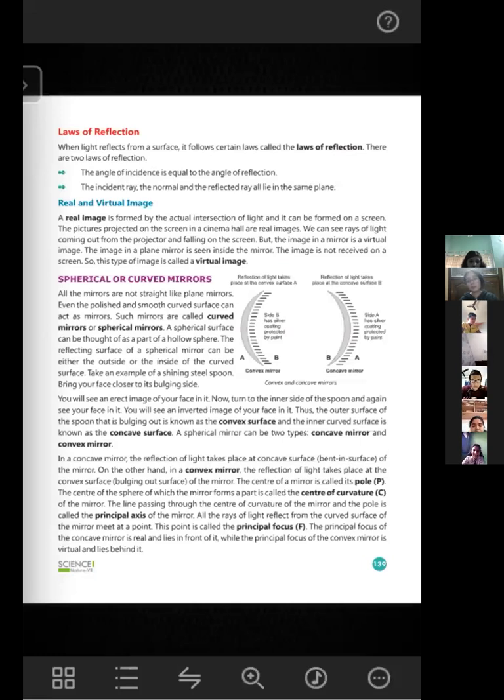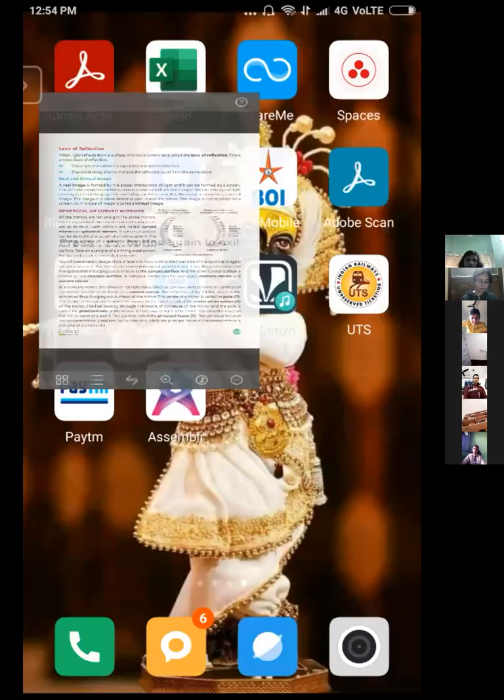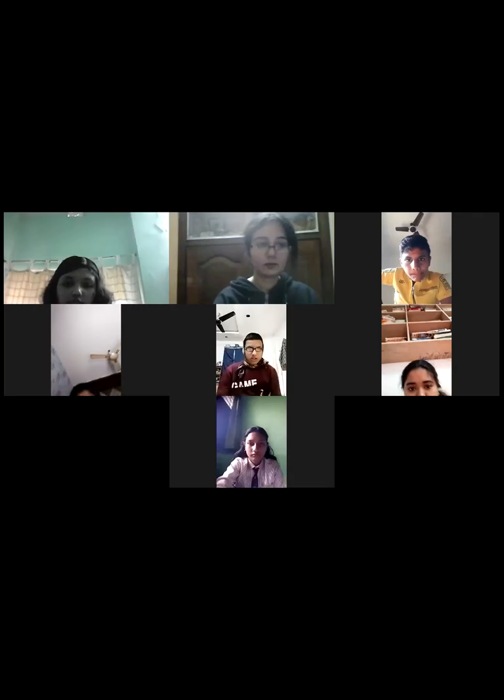The image that is formed in a plane mirror is exactly the same as the object. Object means what you are placing in front of the mirror. This object can be anything, a pen, a pencil, or you yourself if you stand in front of the mirror. Whatever object you place in front of the mirror, the plane mirror will show you exactly the replica of that object, but it will be laterally inverted. Okay, I'm opening the whiteboard for a while.